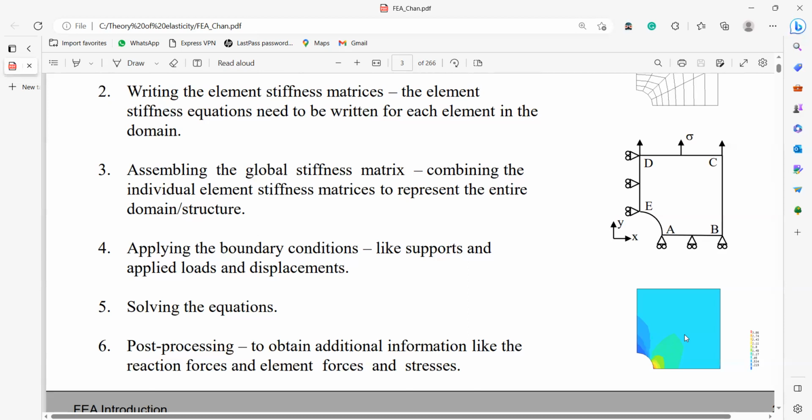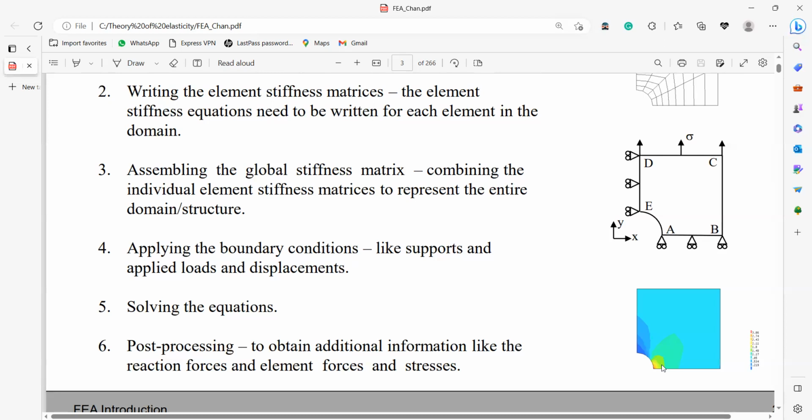So you see, even here you have 4 different variations. Here you have 4 different variations. And it is so intense or concentrated at this location.